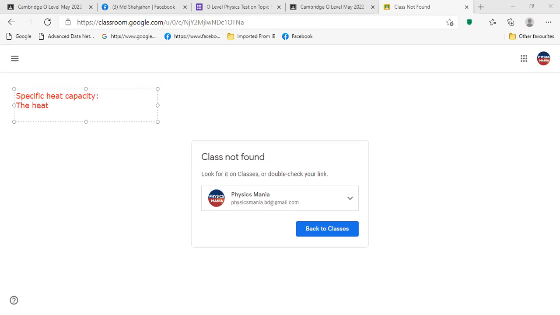Specific heat capacity: the heat energy required to increase the temperature by 1 degree Celsius.